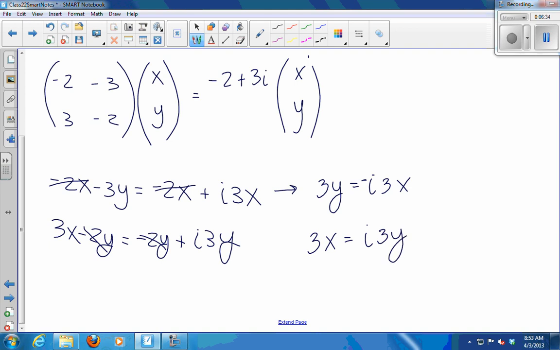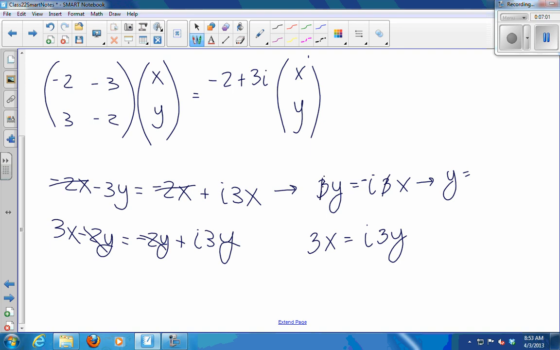Are those two the same? Because usually when we did this procedure before, we would come up with either 0 equals 0, or they were the same equation. Is one a multiple of the other? I'm just going to say, I divide by 3, those go away, right?